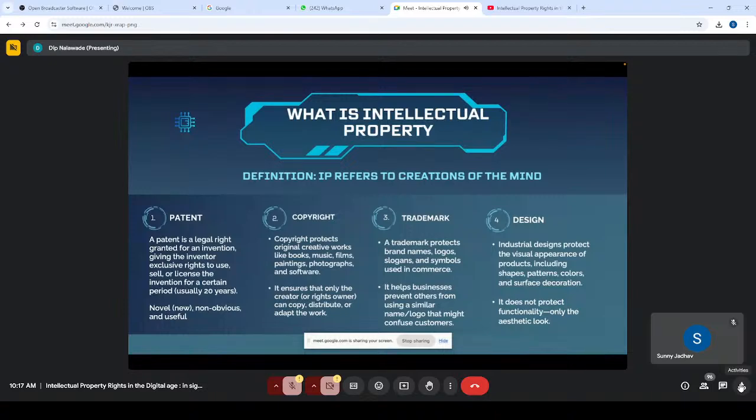Then there are the design marks. Industrial designs protect the visual appearance of products, including shapes, patterns, colors, and surface decoration. Almost a decade ago, there was a very famous lawsuit filed by Apple when Apple launched their iPhones.